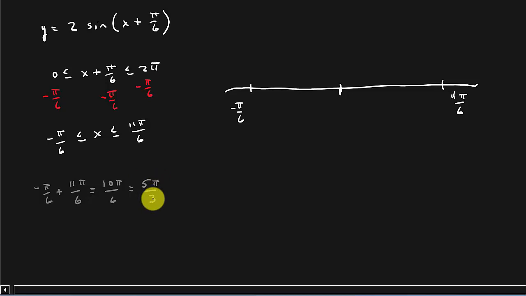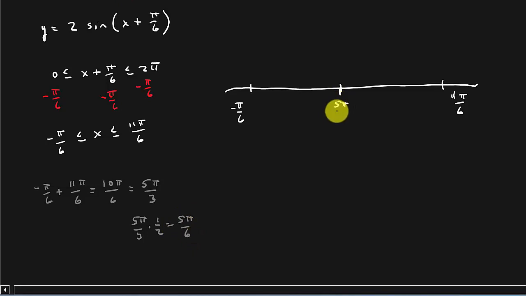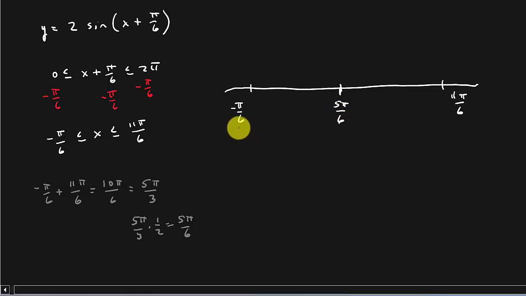All right, and then we take the 5 pi over 3 and halve it, and that's going to give us 5 pi over 6. And so this would be 5 pi over 6. That's how you find the midpoint between two values. Okay, to find the midpoint between two values, you add them up and then multiply by a half.